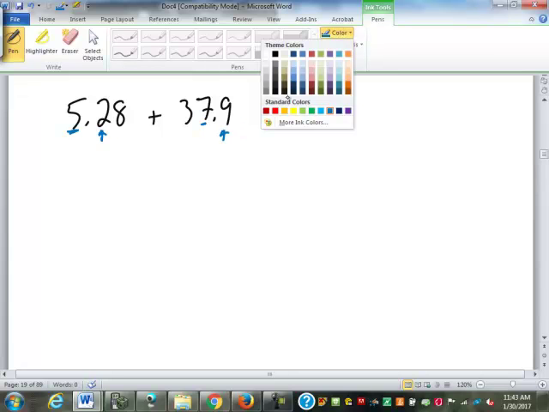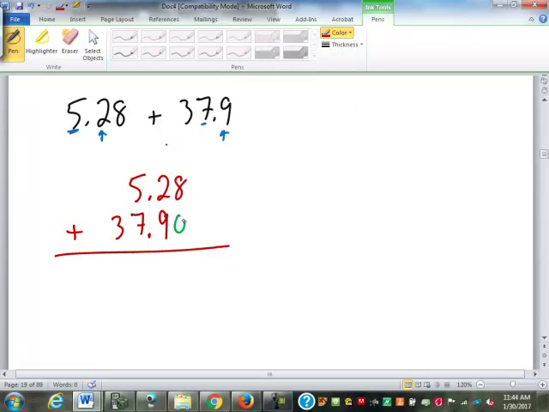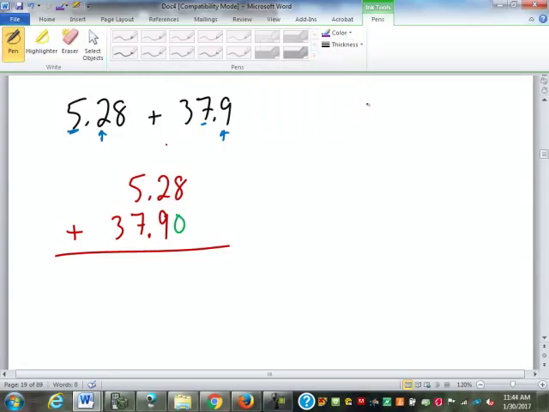And the way we guarantee that, of course, what do we do when we set this up so that we can add those numbers? I heard somebody whisper it there. We line up the decimal points. In fact, we really should put a 0 in here so that those are both expressed as hundredths, so that they have the same name. So with those decimal points lined up, now we're guaranteed that we're going to combine, as long as we're lining up all of our columns, only things that have the same place value.